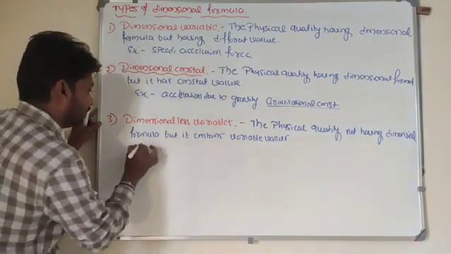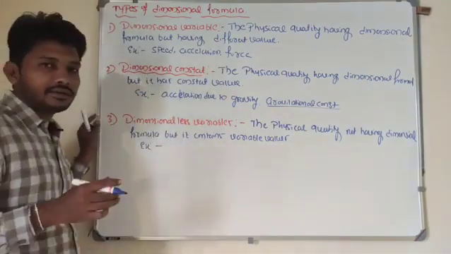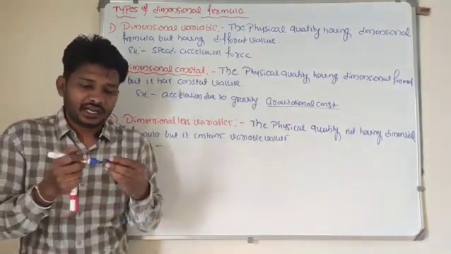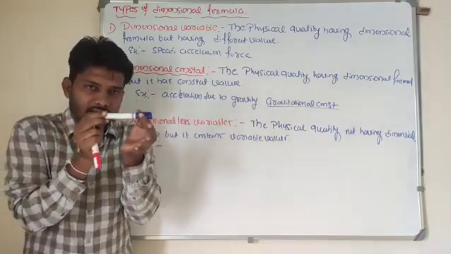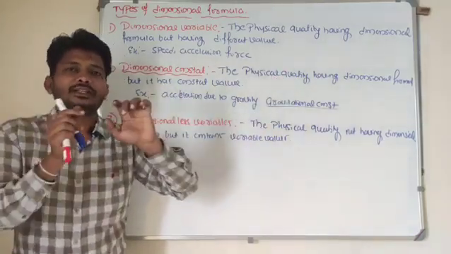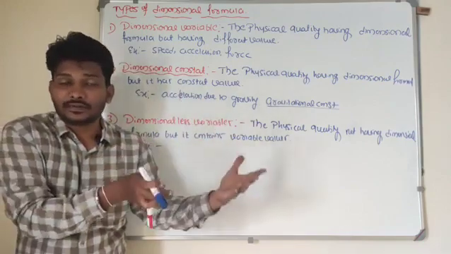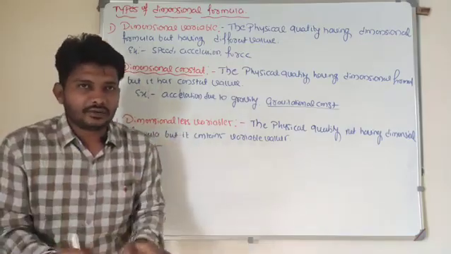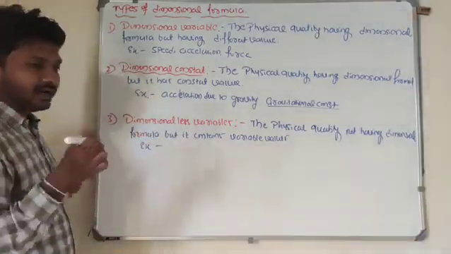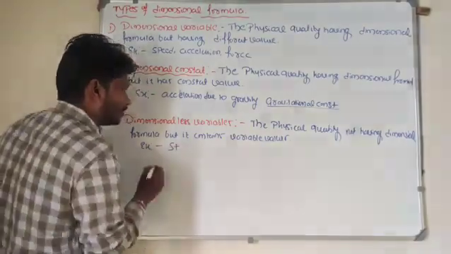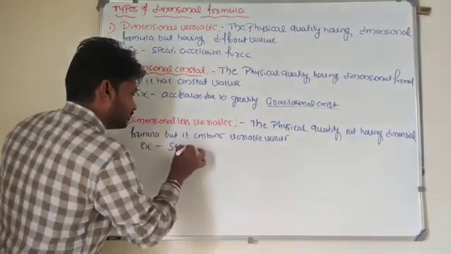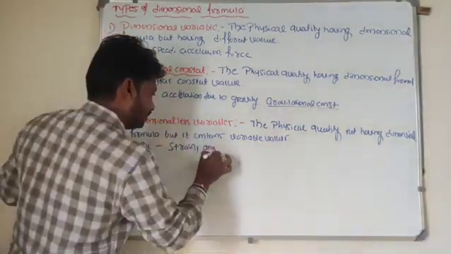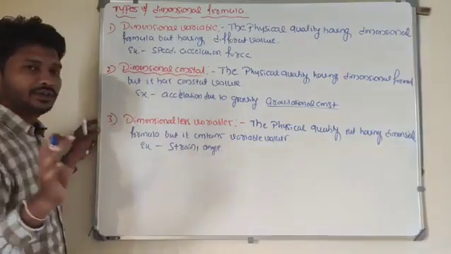An example for such a physical quantity: I said strain is nothing but change in length divided by original length. For example, if I stretch a copper wire, its strain value, meaning change in length to that of original length, is different for copper wire and will be different for silver wire, like that. So it has different values, but it is not having any kind of dimensions. So those belong to dimensionless variables. So strain is an example for a dimensionless variable, and angle is also an example for a dimensionless variable.